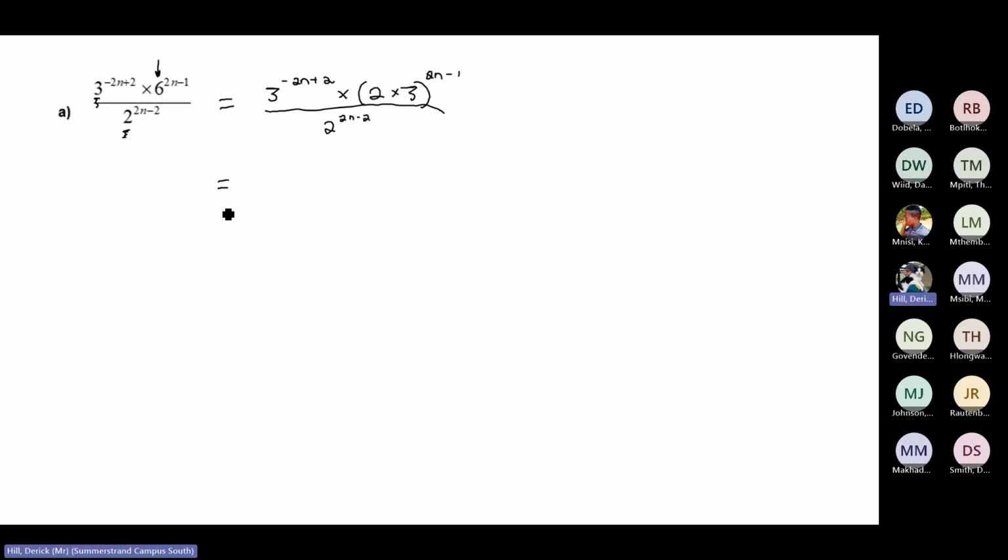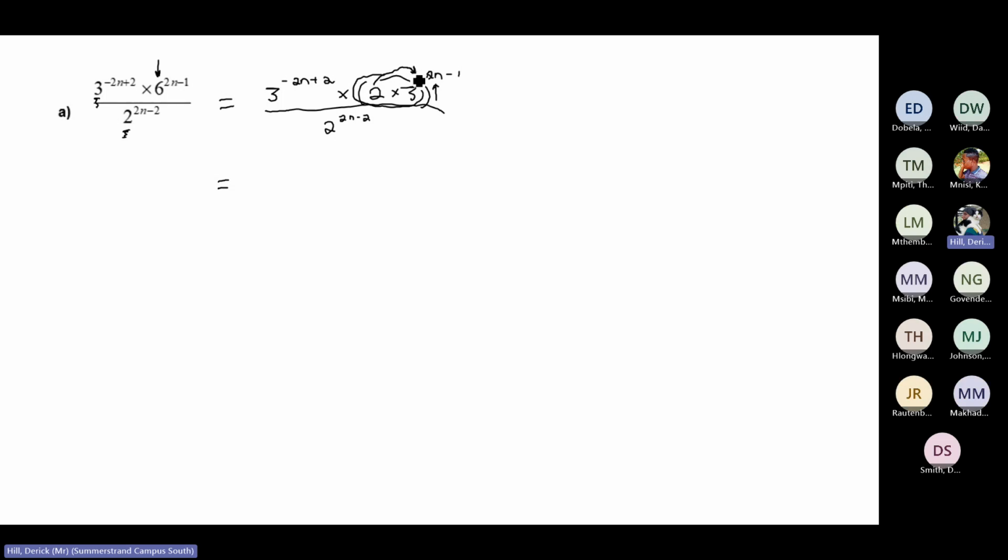Now, as I said, we'll be using our exponential laws. So if I have something like this, with an exponent, I can apply the exponent to the 2 and apply the exponent to the 3.